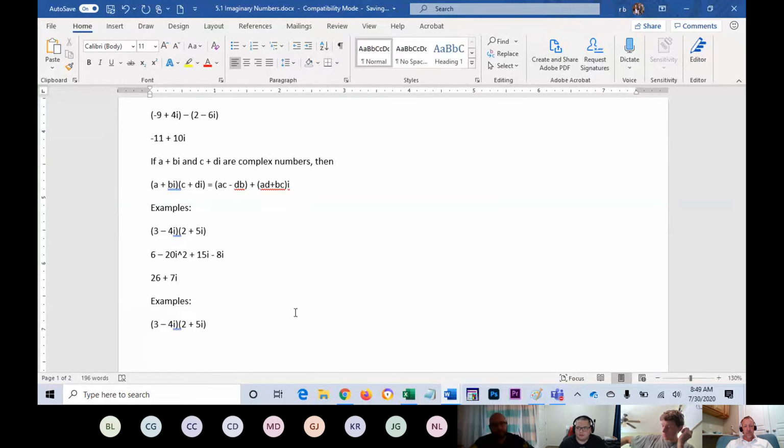All right, so you do 3 times 2 is 6. Wait, is this the same as? Just FOIL it out. I don't have to remember that dumb formula. All right, 3 times 5 is 15i.